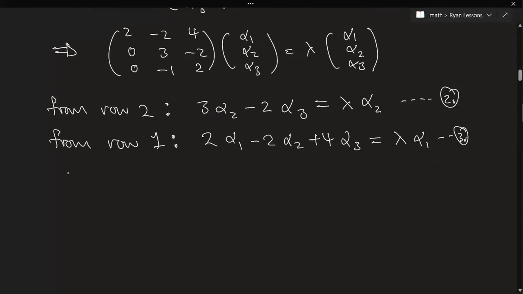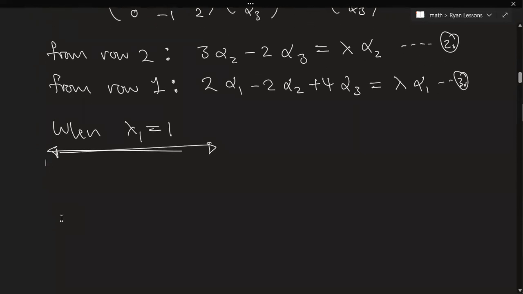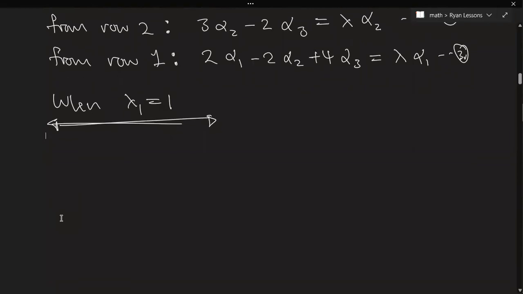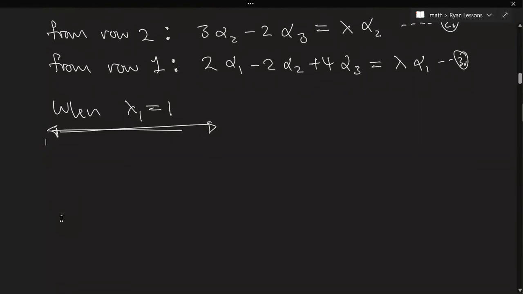Now, when lambda is equal to 1, what happens to our equations? From the first equation, if you plug in 1, you will have alpha 2 and it comes here, so we have 2 alpha 2. It will come to us that alpha 2 is actually equal to alpha 3.